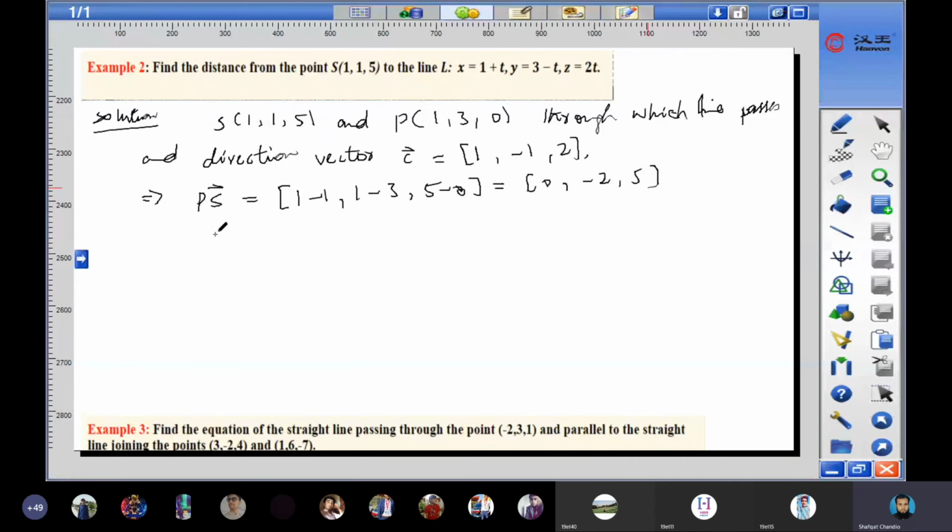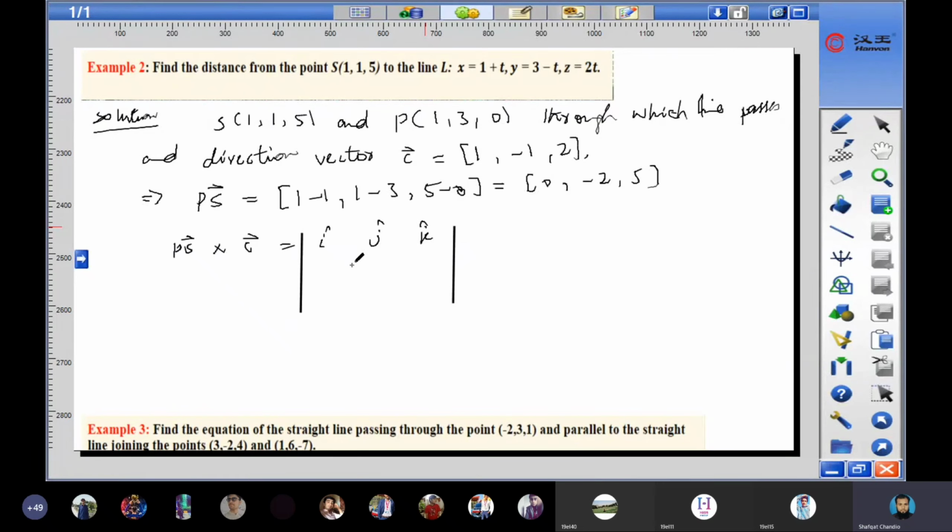So now we shall find the cross product of these two vectors, vector PS cross product with the vector C. Find out this. The cross product can be obtained by solving the determinant i, j, k.